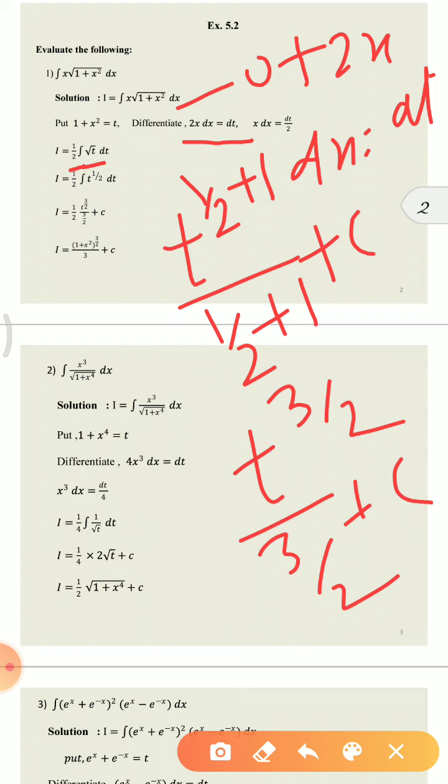We multiply with 1 by 2, the 2 gets cancelled, remaining t raised to 3 by 2 upon 3 plus c. Substituting the value of t as 1 plus x square, I is equal to 1 plus x square to the power 3 by 2 upon 3 plus c. That is the integration of x root of 1 plus x square dx.